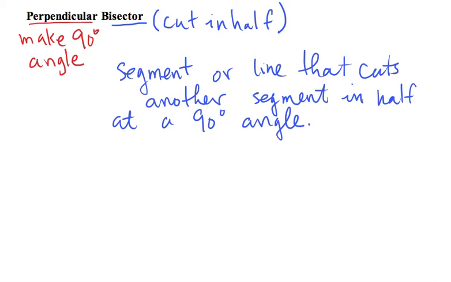Now let's take a look at a quick example. Say I have two lines like this, and a little point here in the middle, and these two segments here are congruent. Let's call this AB, and let's call this line here line L. Then in this example, we can say that line L is the perpendicular bisector of AB.